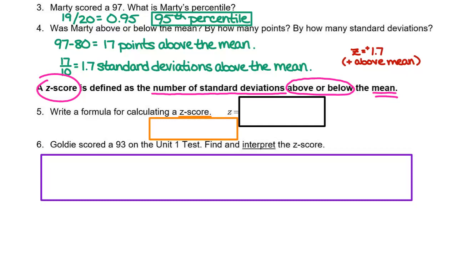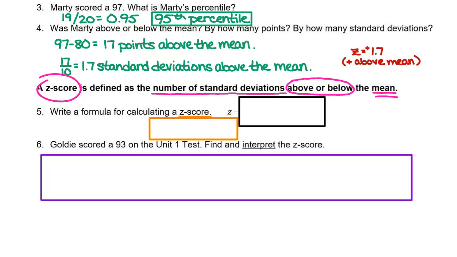So if it's bigger than the mean, it'll come out to be a positive number. But if it's smaller than the mean, it's going to come out to be a negative number. That's how we force it to be either positive or negative, so I know whether it's above or below. And then after we subtracted, what did you do to get that z-score? How did we get the 1.7 here? Divide it by 10. What was 10 again?